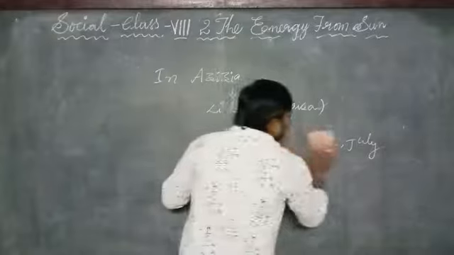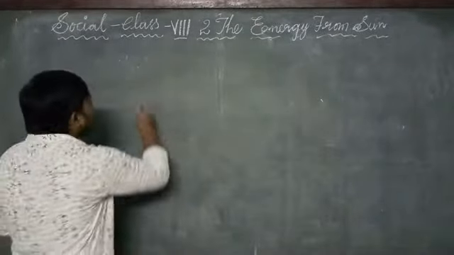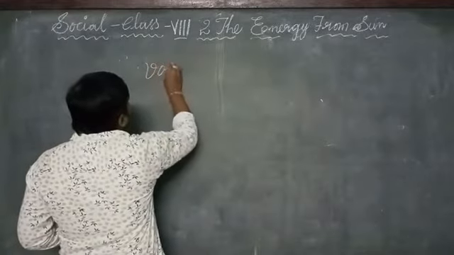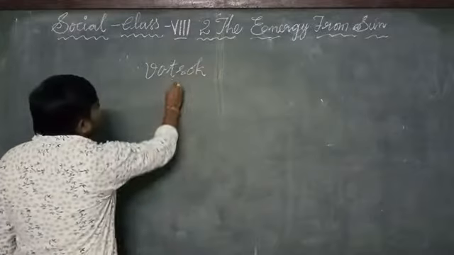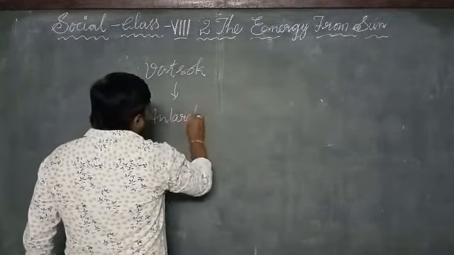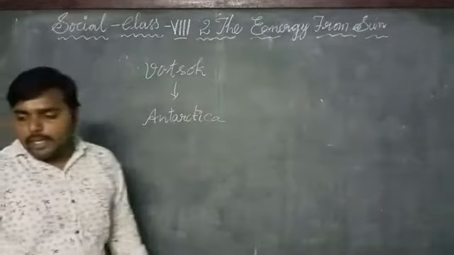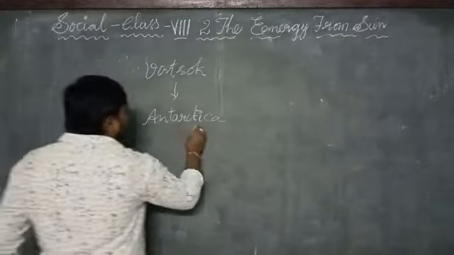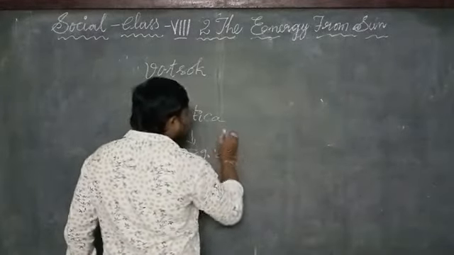Now let us see the lowest temperature that was recorded on the earth. In Vostok station, which is located in the continent of Antarctica, the lowest temperature was recorded, that is minus 89.2 degrees Celsius.